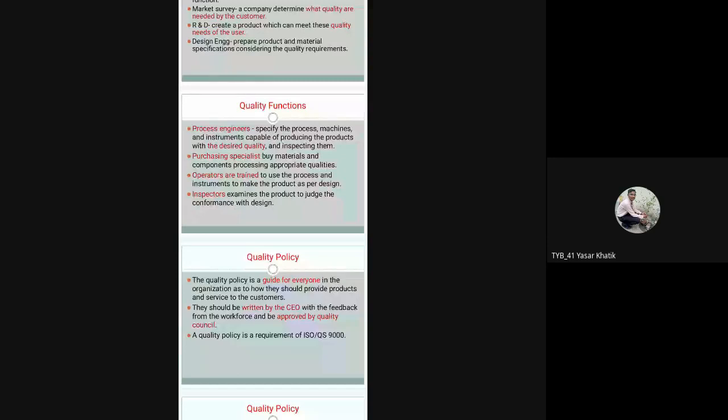Whatever design is given from the design and process engineers to the department that is going to manufacture, there are operators or a production department, and the machineries will be of a higher level, with highly optimized equipment.